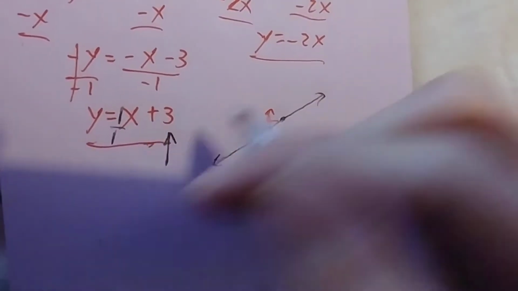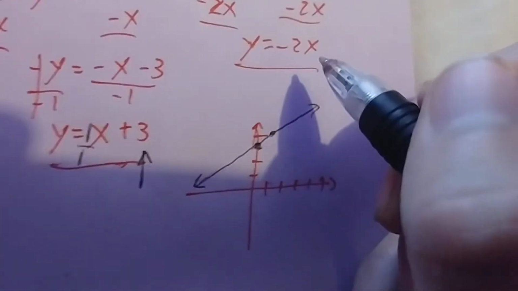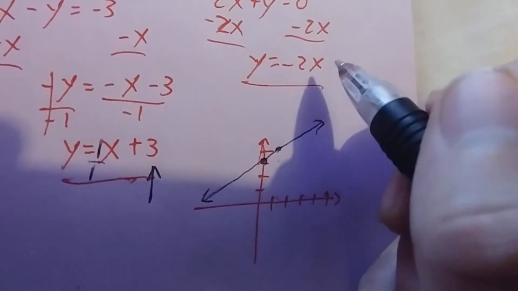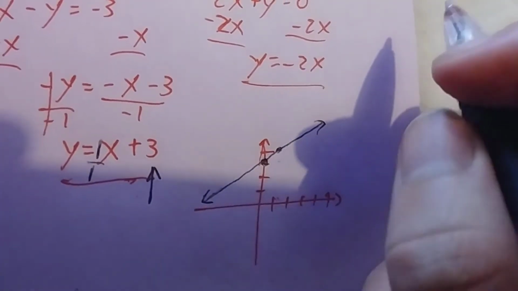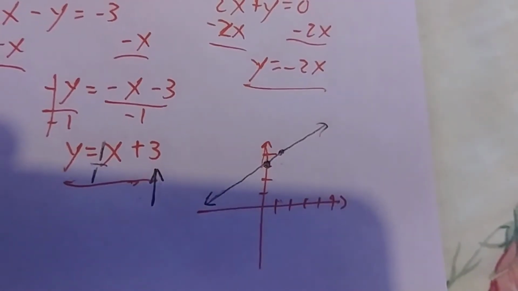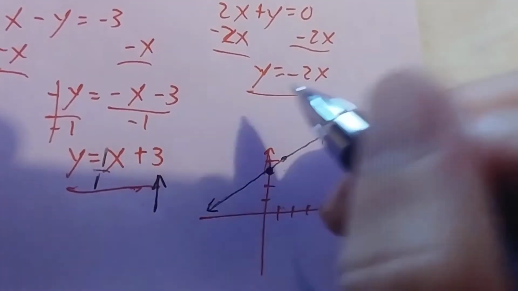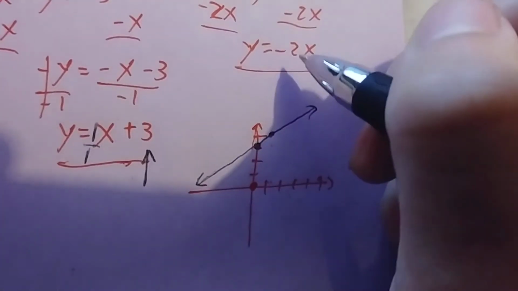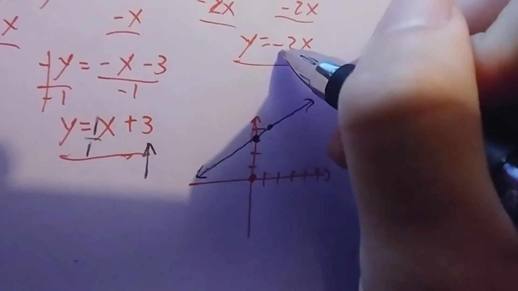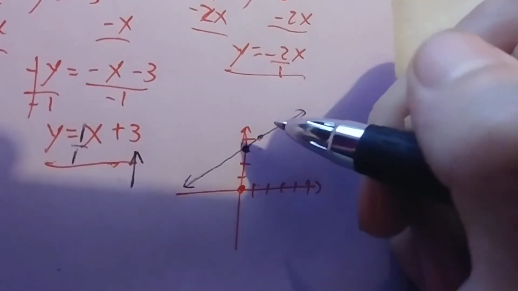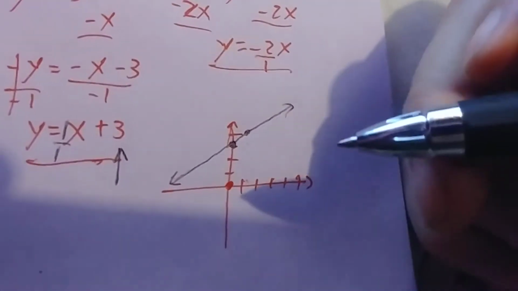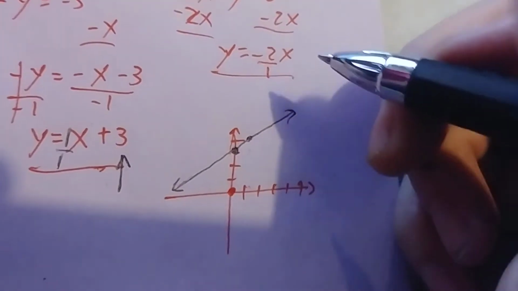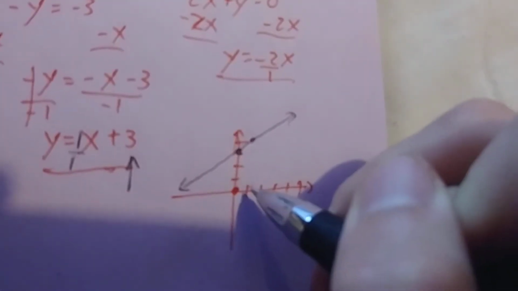Now my second equation, if you look carefully, it's just -2x. It has no plus anything, has no minus anything. So my y-intercept for my second equation is going to be 0. But it has a slope of -2/1. If you don't have a fraction, it's always going to be over 1. So my slope is -2/1, so I'm going to move over 1.